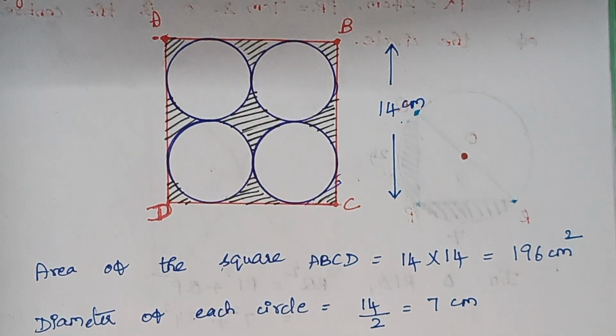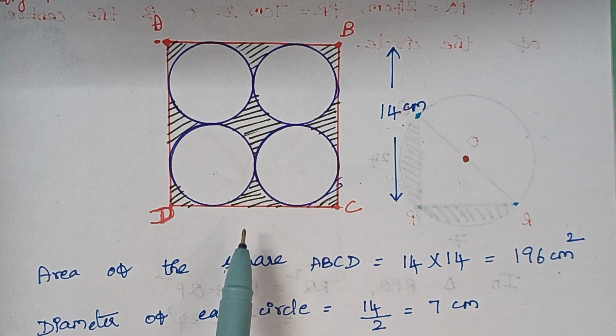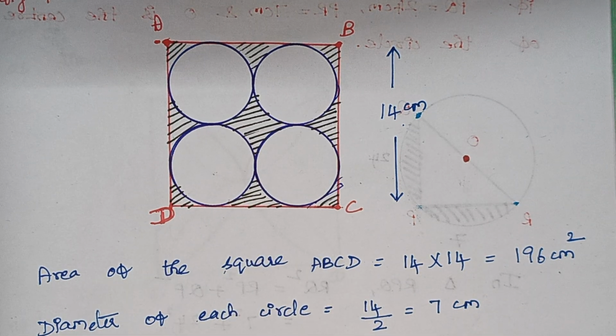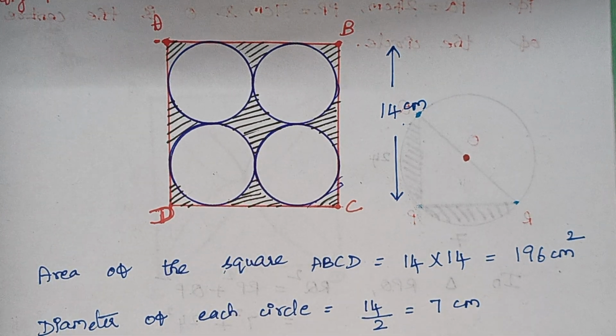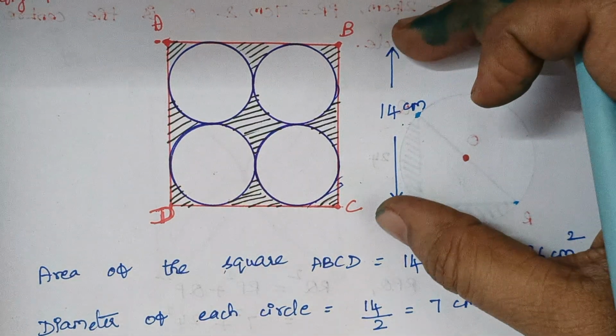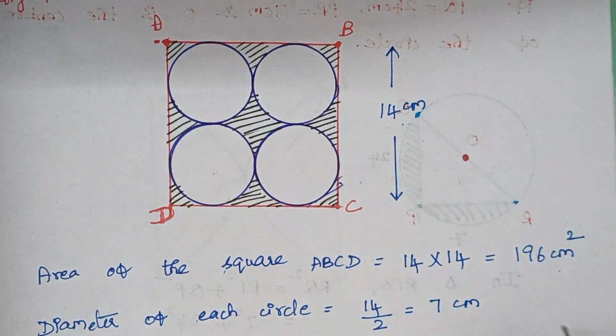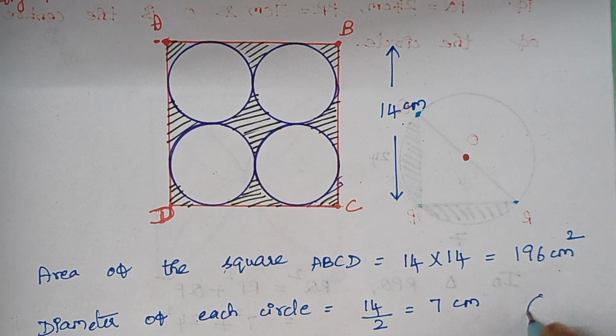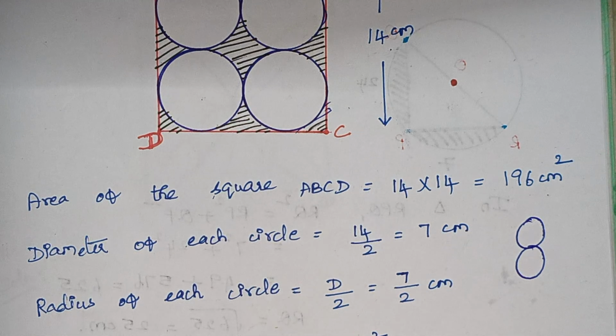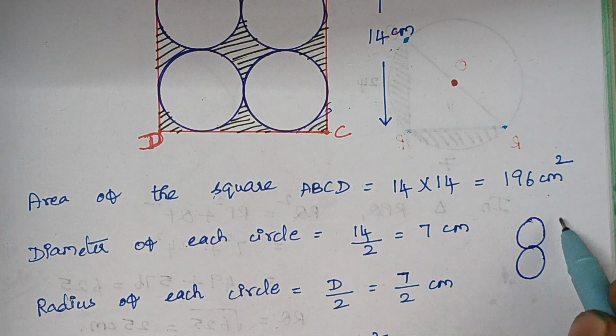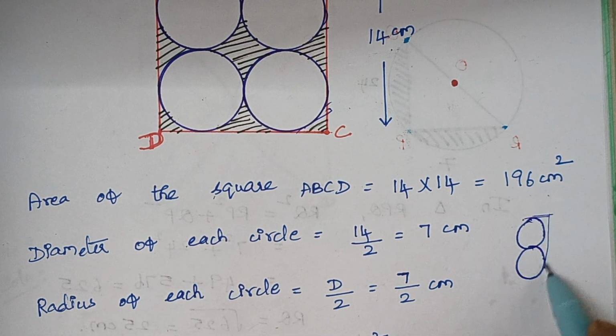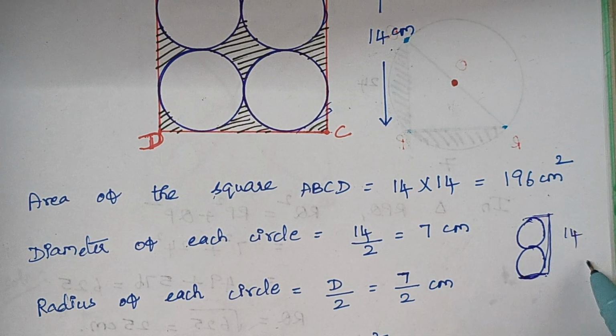To find the area of the circle, we should know the radius. So how to calculate the radius? Here you see, this length is 14 centimeter. Similarly, you observe this part, and here comes our square. We had drawn the square like this, and here it is 14.